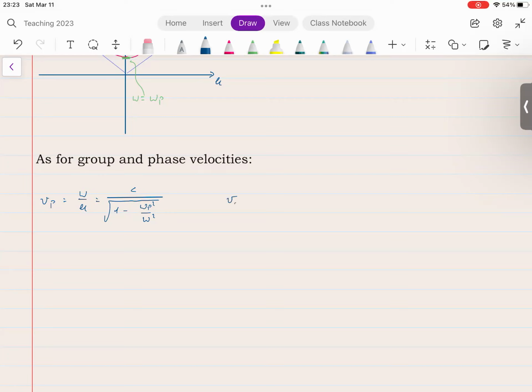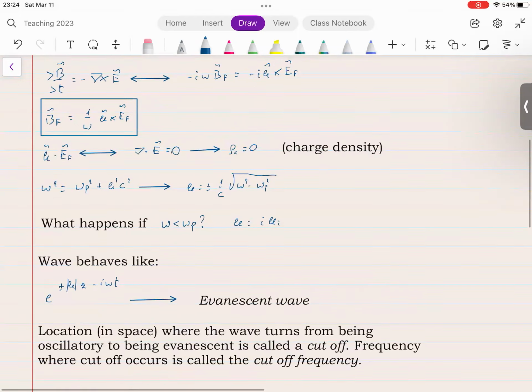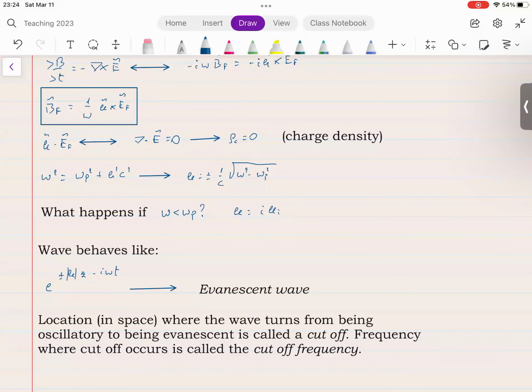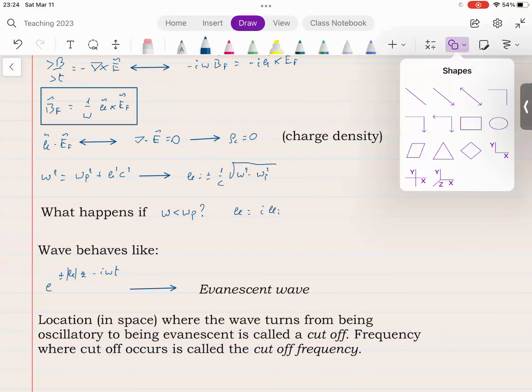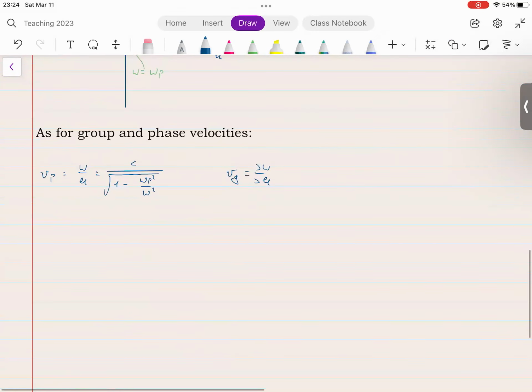And the group velocity is going to be d omega dk. Again, easy. Here I have k as a function of omega, which I can square, but it's trivial to solve the equation the opposite way, and I'm still going to have a square root.